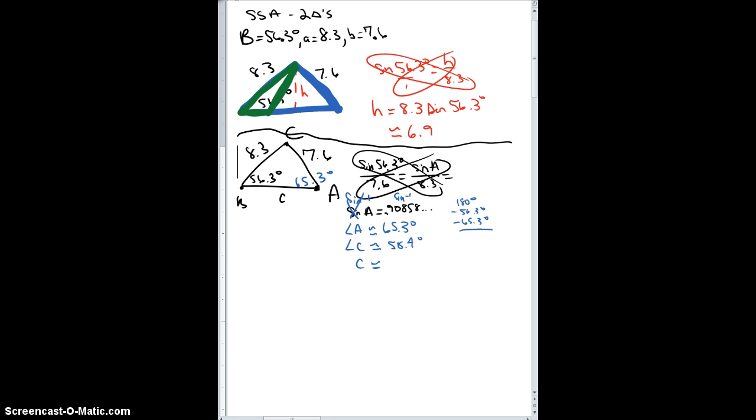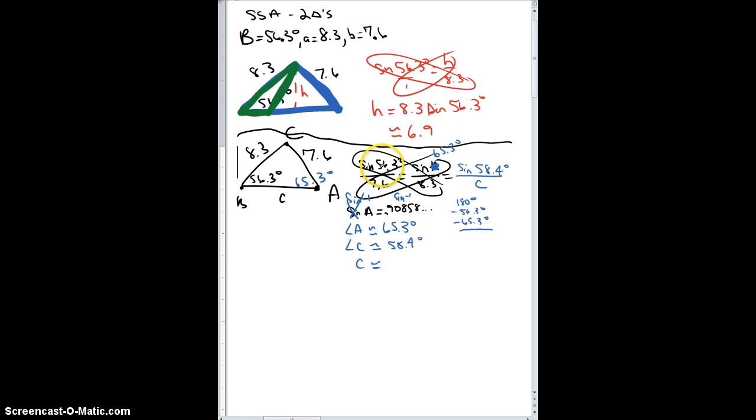Alright, I'm going to erase this over here and edit it again. So I have sine of, what's this angle here? 58.4, and I don't know that side. And A, I know that angle now too, is 65.3 degrees. I could use this cross multiplication, that's fine.